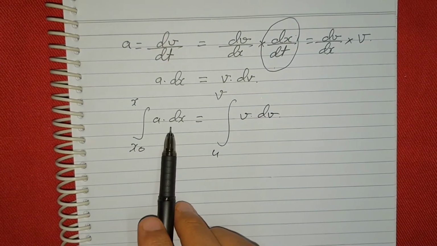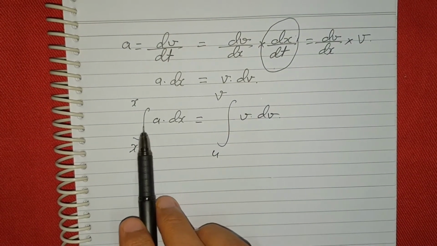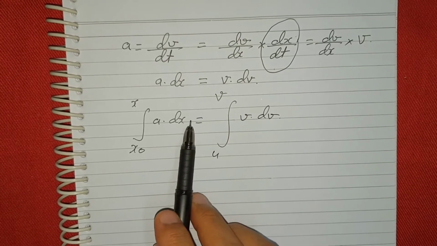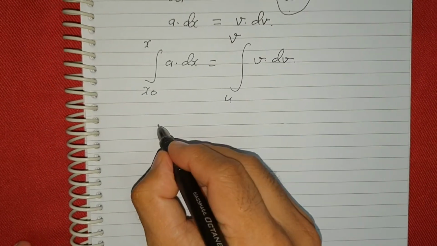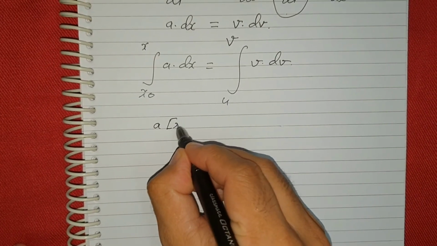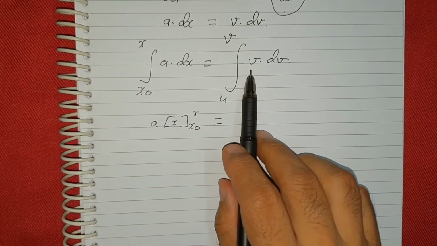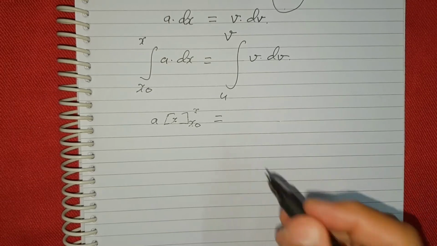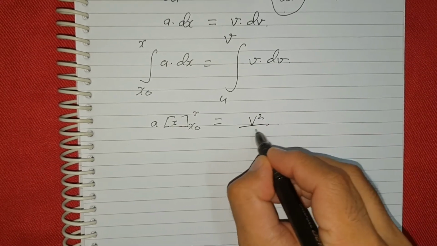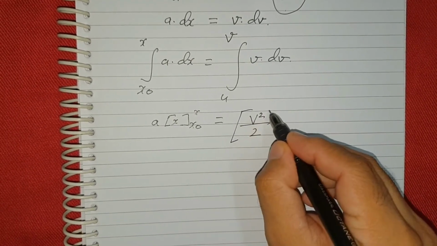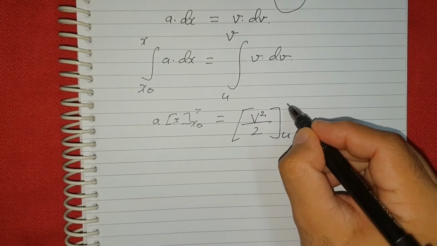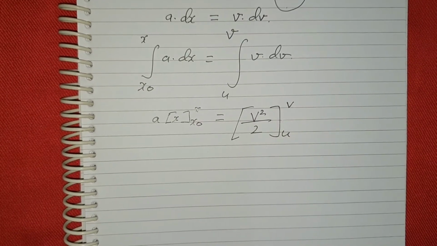So this will become x, a is common, dx will become x. So this will be a times x minus x naught. v dot dv will become v square by 2, integrating from u to v. Now these are the limits.